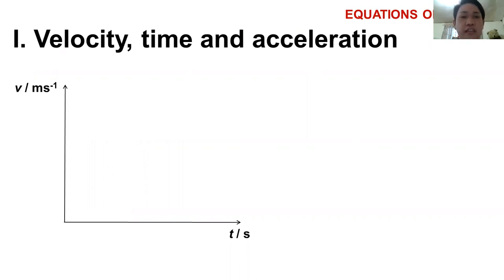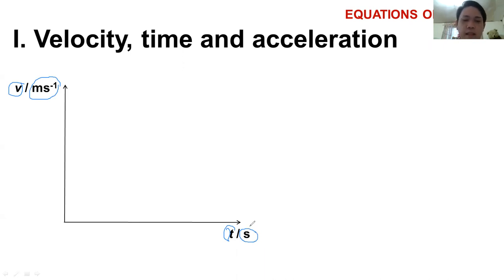As you can see, class, in the graph, what have you observed? It is something related to velocity and time, and that will give you an acceleration. As a review, velocity is measured in meters per second and time is measured in seconds.